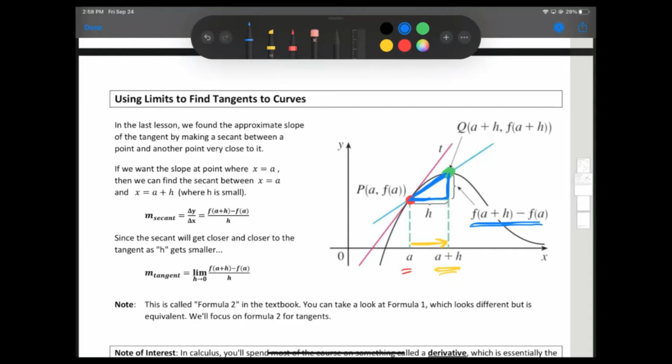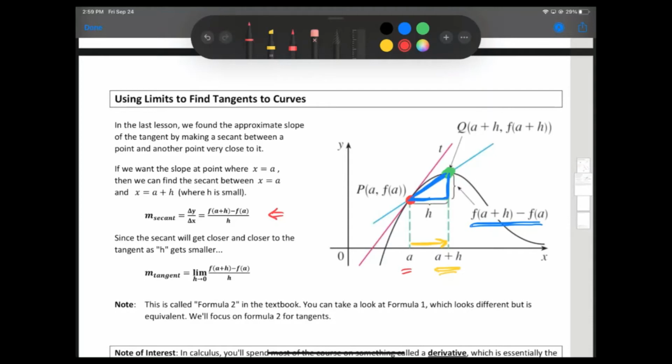What that means is that the slope of the secant between points P and Q will be represented by that equation right there. The slope of the secant is a change of y over a change of x. We often say delta y over delta x, which is the change of y values, f at a plus h minus f at a, over the change of x values, a plus h minus a, which is then just h.